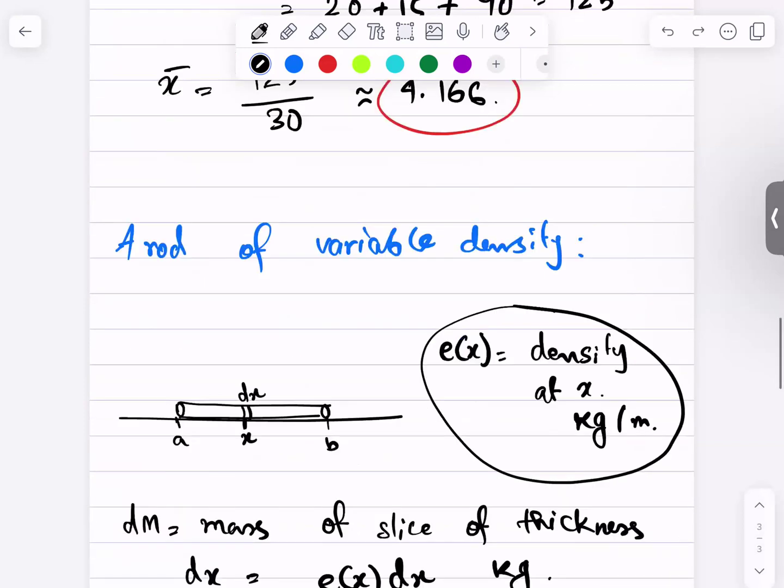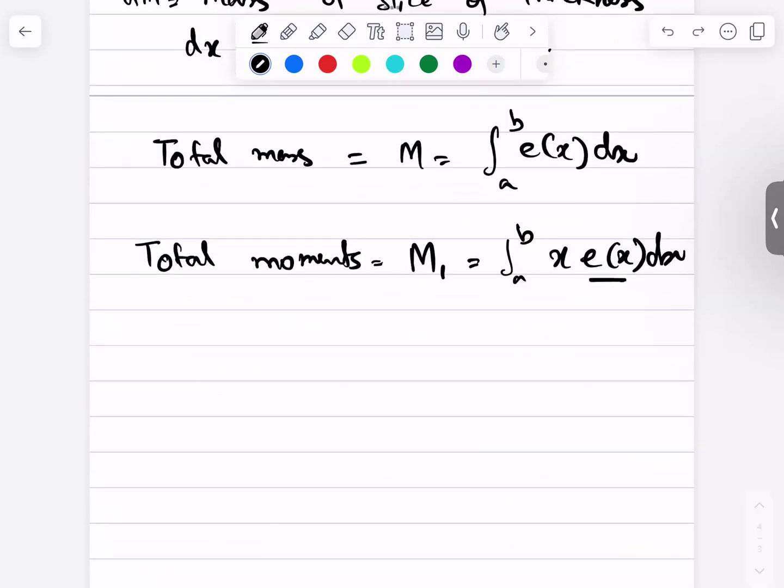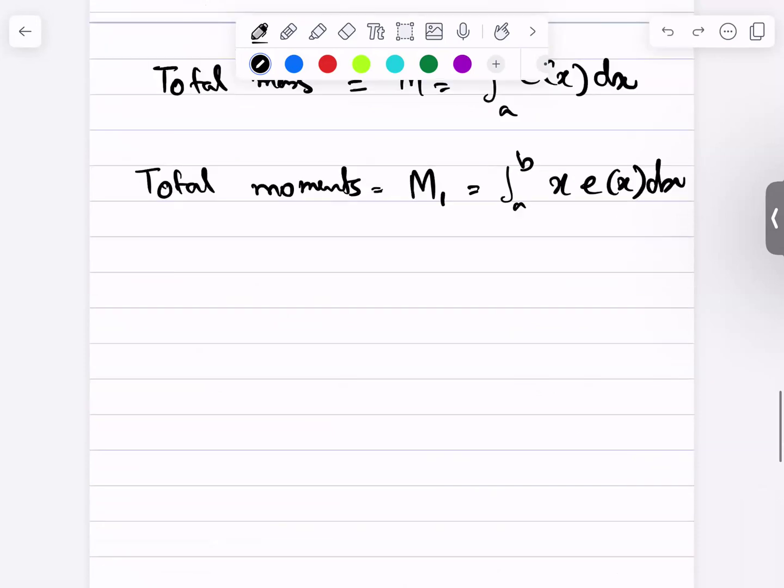So for this case, I'm just doing the same thing. This is the density at x, I'm multiplying with the point, which is x, and then I'm integrating to have the total moment. So things are in sync.